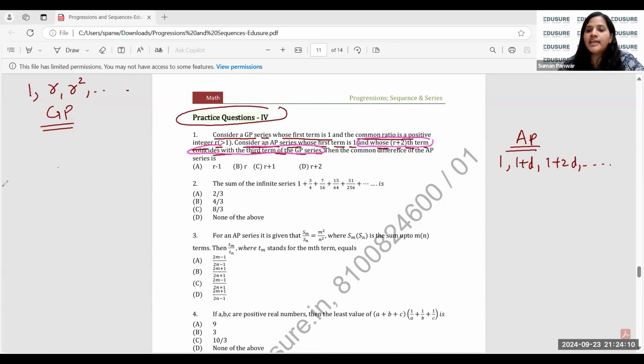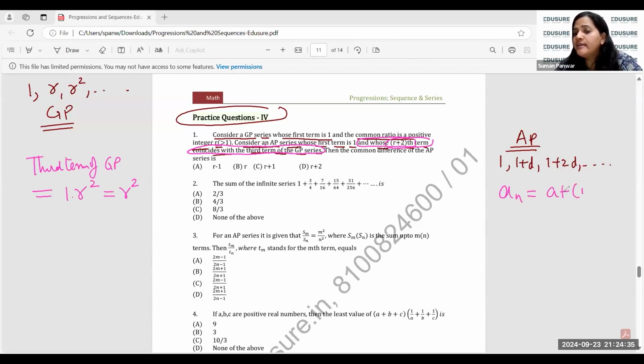So what are they saying? Third term of GP, which is equal to a r square, r square coincides with the r plus 2th term of AP. So what is a_n of an AP? a plus n minus 1 d.